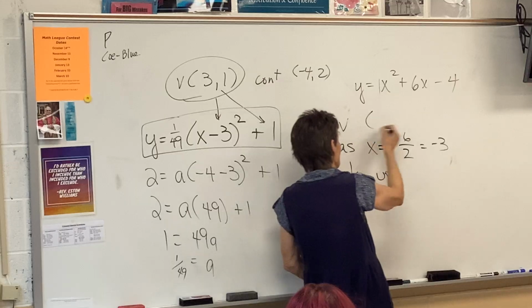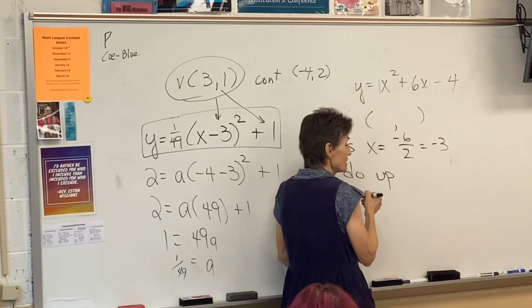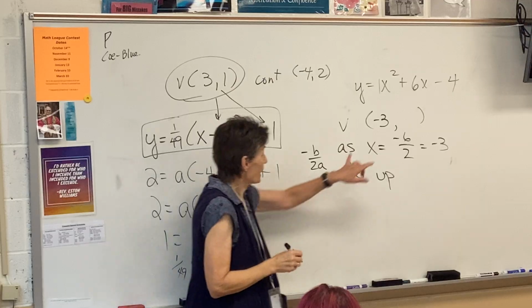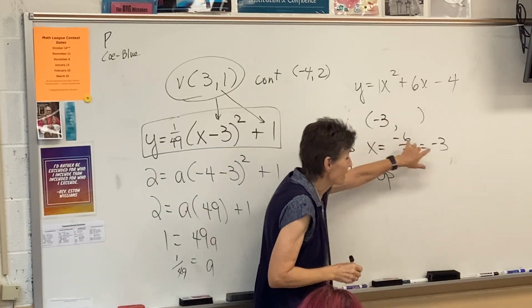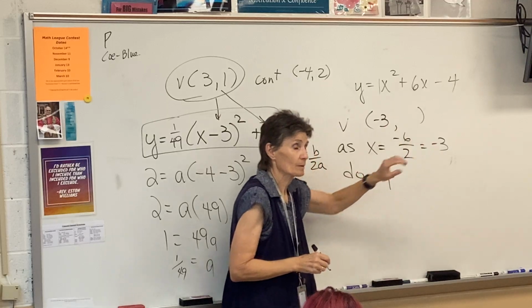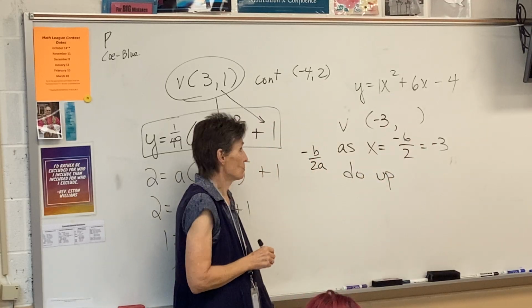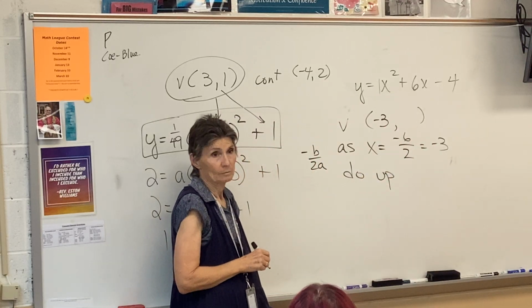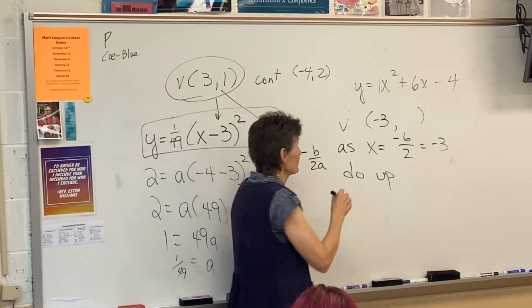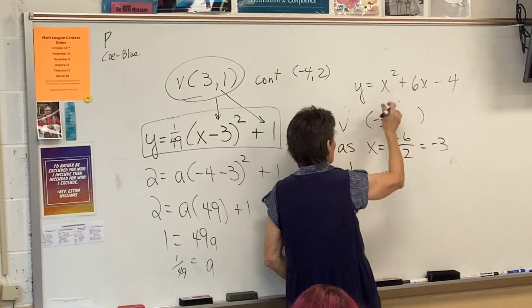That means my vertex is -3 comma something. Guys, you have to plug it in. These numbers are always the same. You plug it in, -3. Careful with your arithmetic.